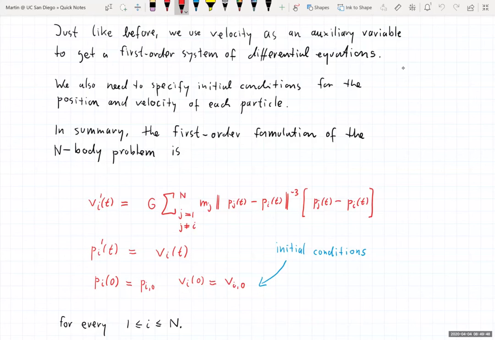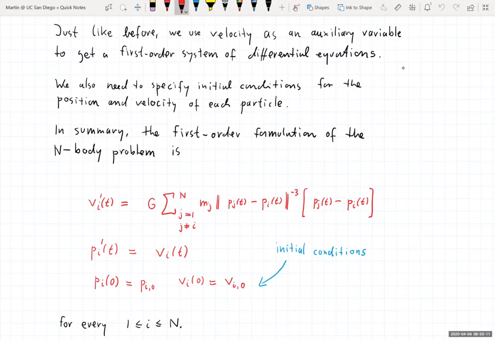Now, just as before, we would like to rewrite that system of second-order differential equations in terms of first-order differential equations. And for that purpose, we introduce again auxiliary variables for the velocities of the particles.